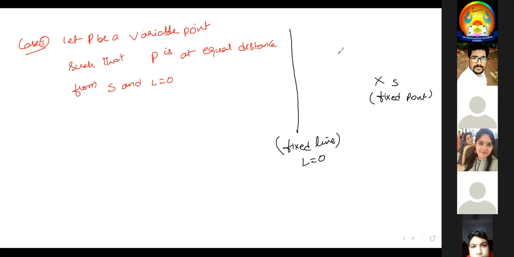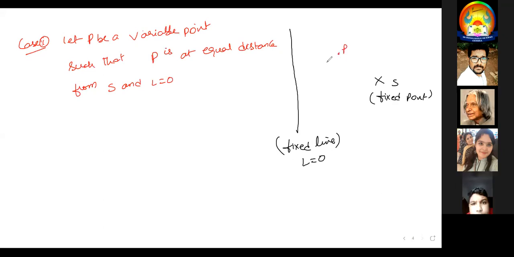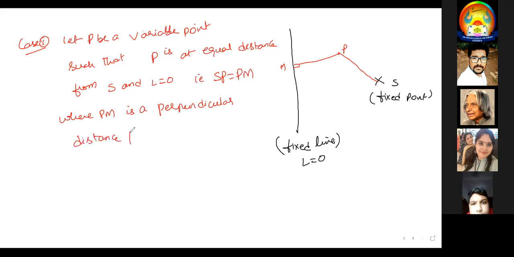That means if I take a P here, this distance and this distance are equal. That is the perpendicular distance. That is, SP is equal to PM, where PM is the perpendicular distance from P to the line L equal to 0. First case.